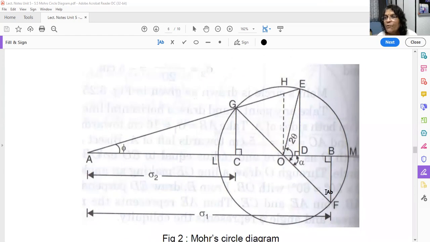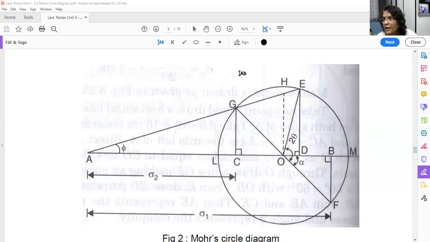Once you locate points F and G, join these two points so that the line intersects the x-axis at point O, which is the center of the circle. Now draw a circle by taking O as the center and OF or OG as the radius. Both are the same.